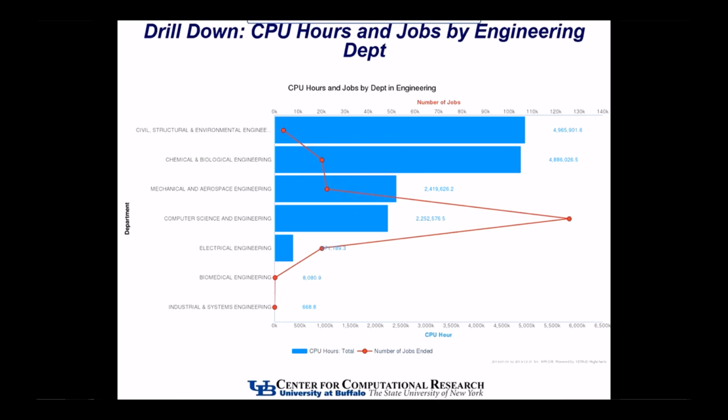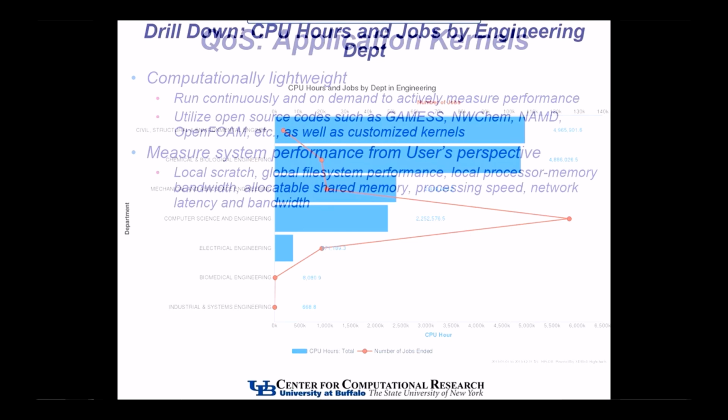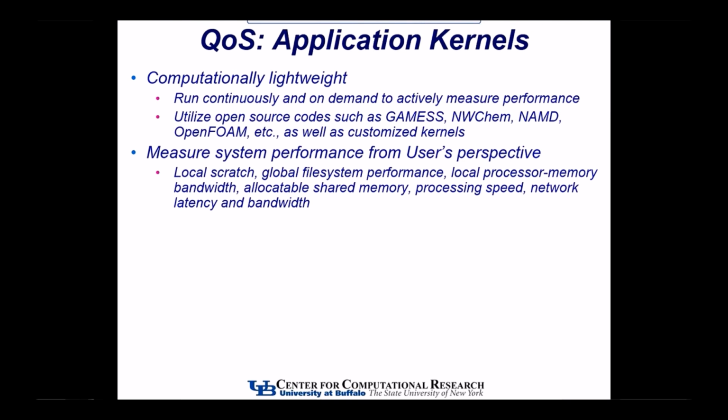And then if I want to know, hey, within that department, civil engineering, who the heck is using it? I can just click on that with the pointer and say drill down, and drill down by faculty member or PI. So it's a pretty powerful and easy to use interface.